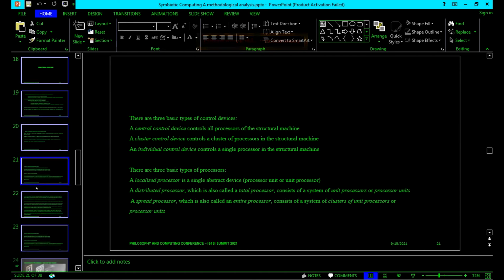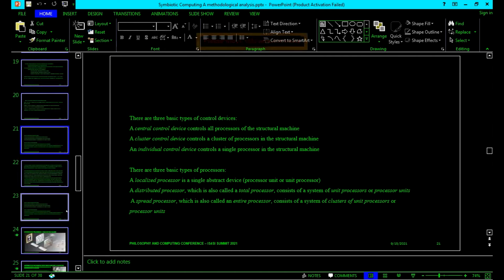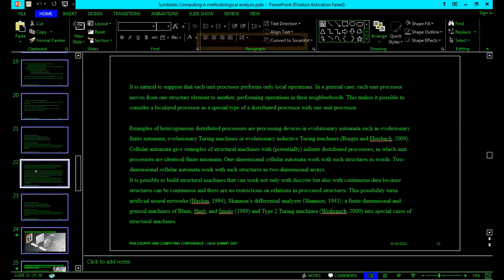So one processor actually can comprise any number of unit processors, and it allows structural machines to transform very complicated data structures, as well as rather complicated knowledge structures.